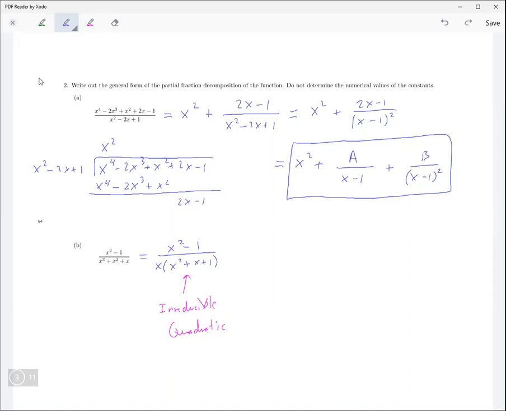Okay, so the way to handle that one is like this. So to get this as your common denominator, the most general form will look like this. This one, since this is a quadratic, would be bx plus c.